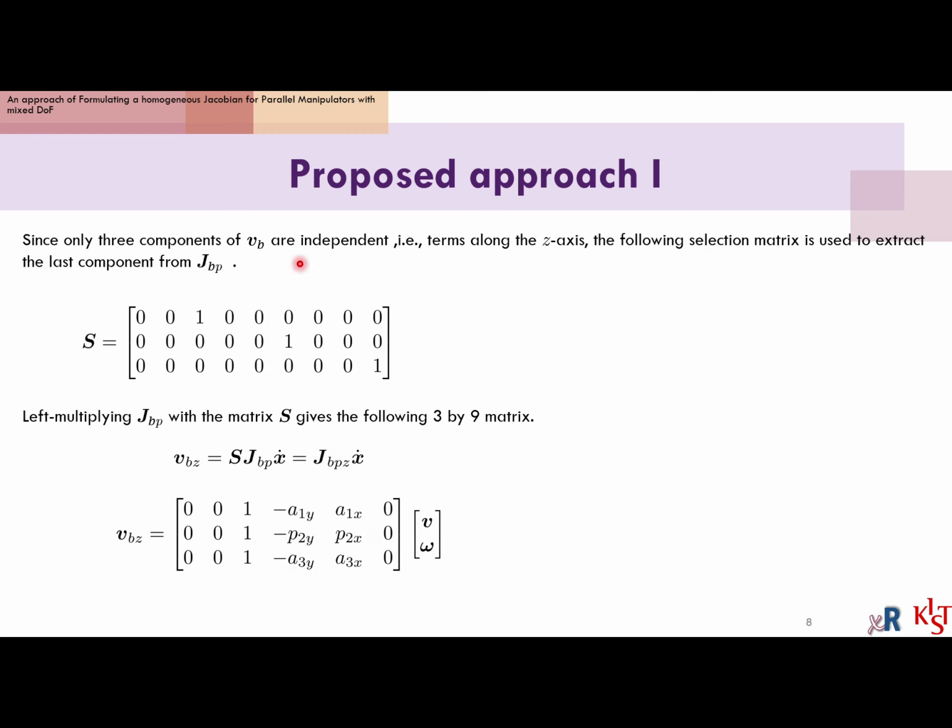Since only a few points are independent and sufficient to describe the motion of the moving plate, the selection matrix is used to extract the independent terms. Then by left multiplying this matrix with the selection matrix, we obtain a 3 by 6 matrix that maps the moving plate velocity to 3 independent points.